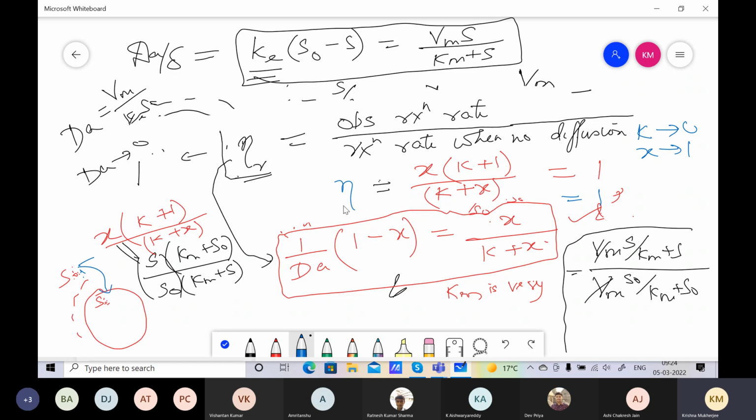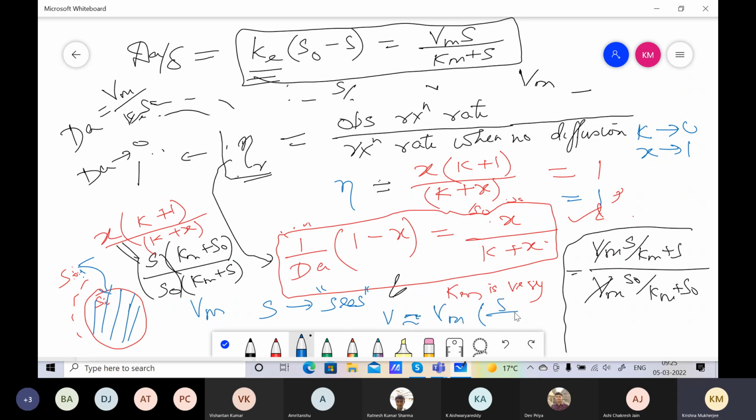You can bring it about by having a very, very high affinity enzyme which runs at Vmax independent of the substrate concentration that it sees. What S it sees doesn't really matter, because it has such high affinity that even at low S values, V is approximately close to Vmax.